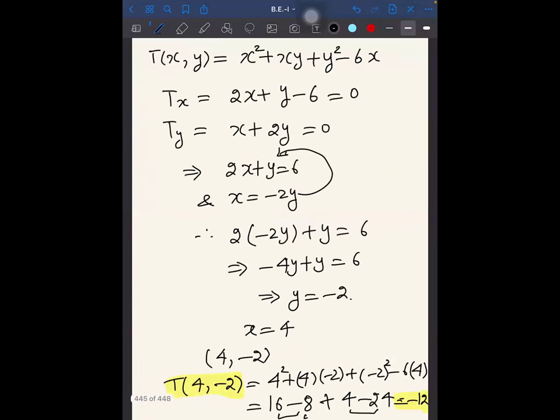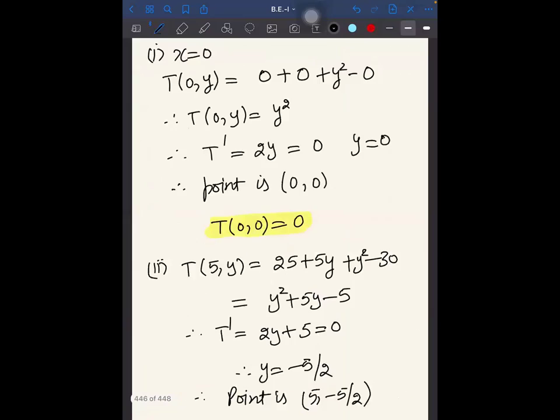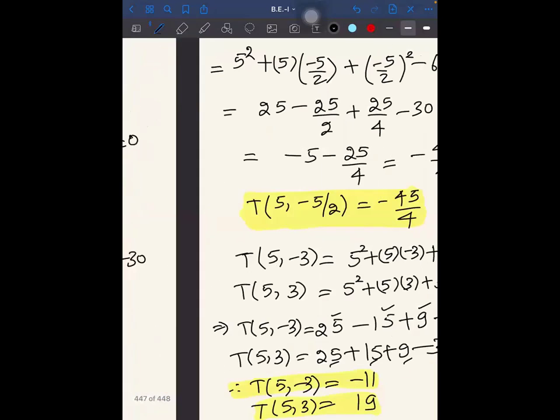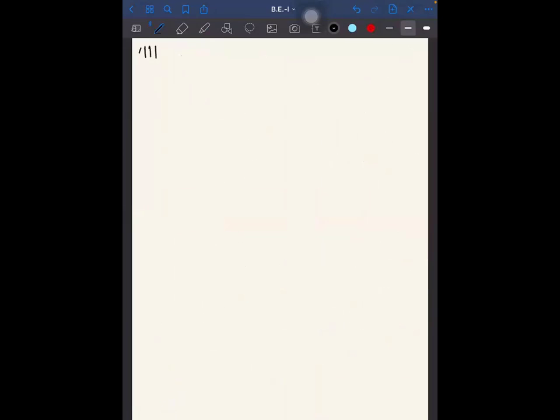Okay, actually this was the number 1, but anyways, boundaries we are saying, so that's why it's number 2. So number 3 will be, let's say, y is equal to minus 3. So that means t of x, minus 3. So x square plus xy plus y square minus 6x.